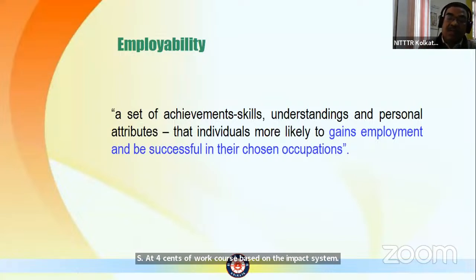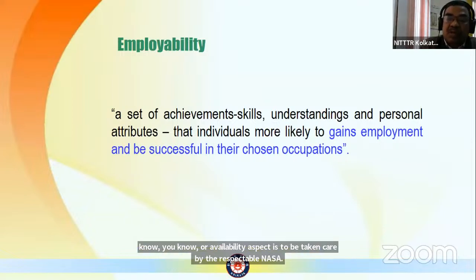Employability: after passing from a particular college, the student will be employable. Sometimes you do not have to give them employment, because employment is not under your control, but you have to make your students employable. Whatever job opportunities are available, the student will be able to take that job.